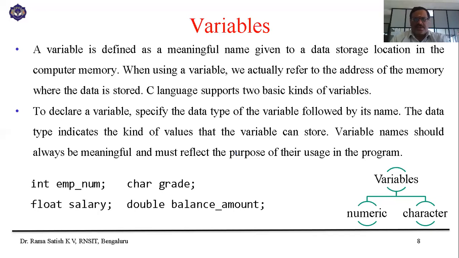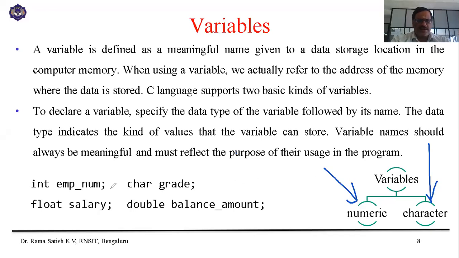When you use a variable, we actually refer to the address of the memory, and this address always points to the data where it is stored. C language supports 2 types of variables, as you know very well. The first one is numeric variables that can store number values, and the other one, character variables, that can store only characters.